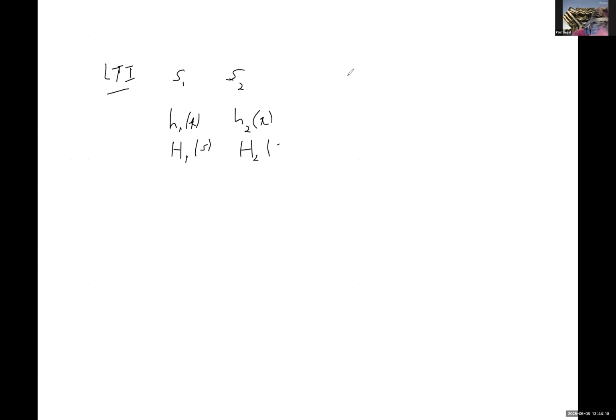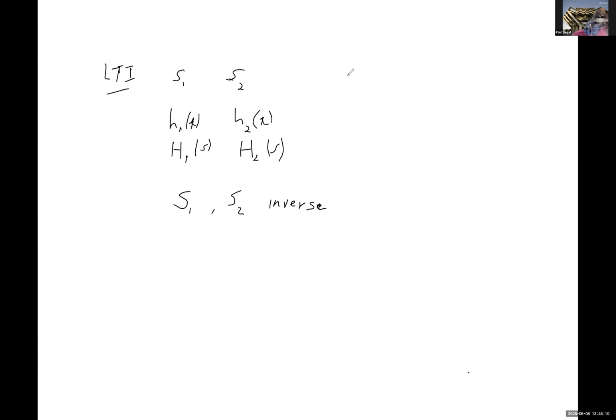Then let's say that S1 and S2 are inverse systems, so they're inverses of each other.